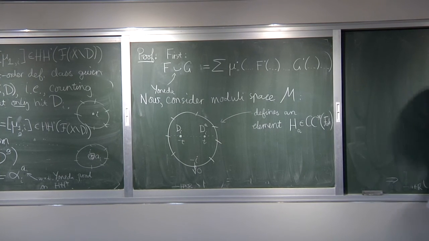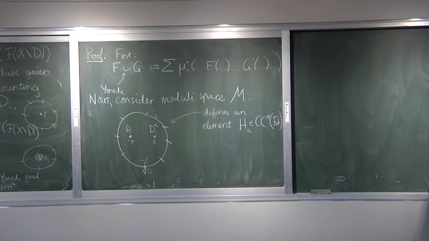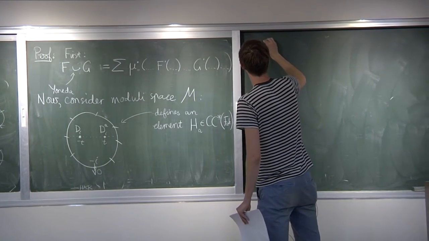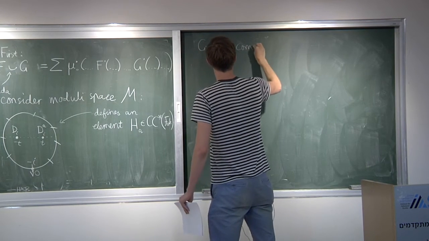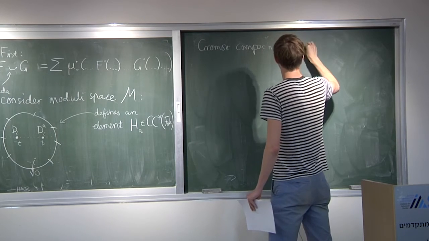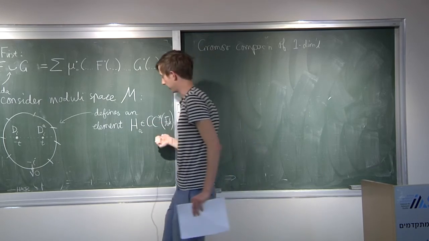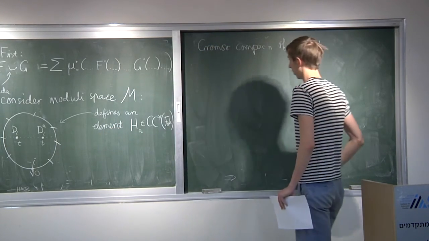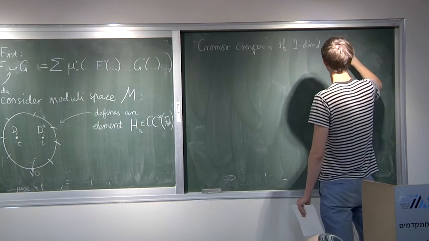Furthermore, if we take, instead of the zero-dimensional component of this moduli space, which we count to get this element here, we look at the one-dimensional component.